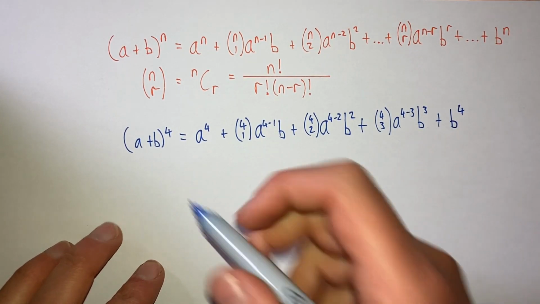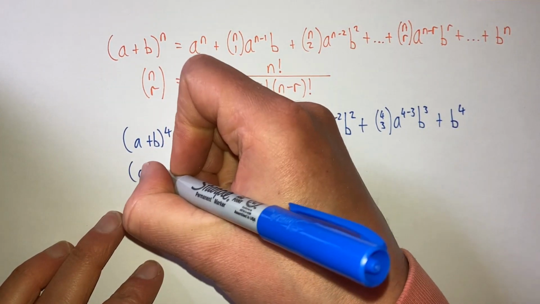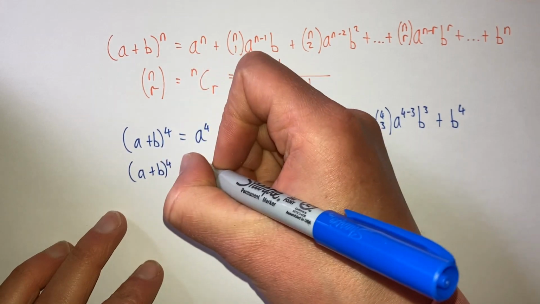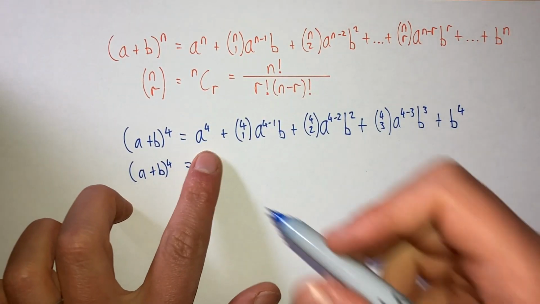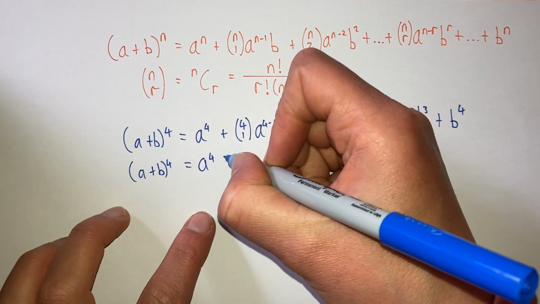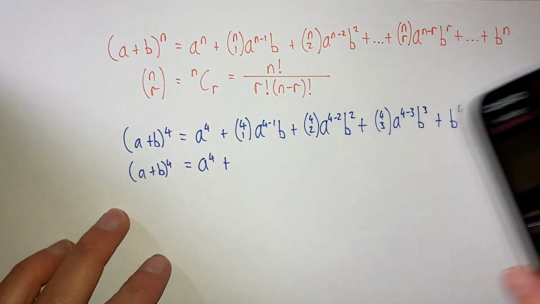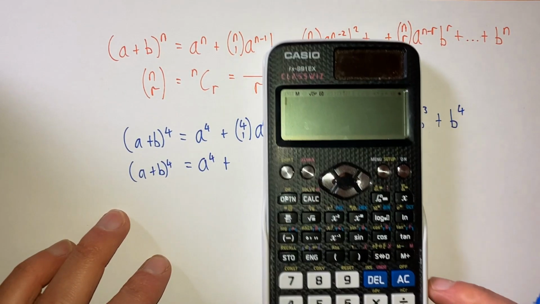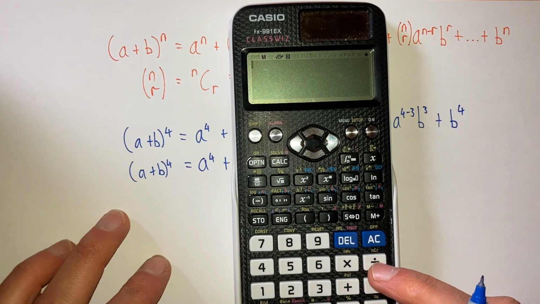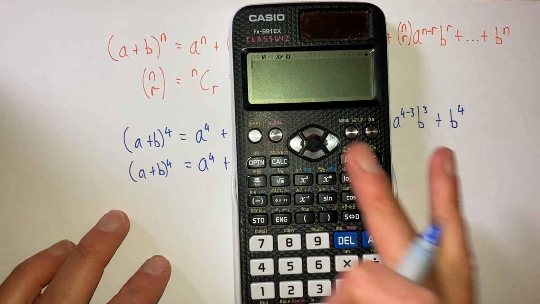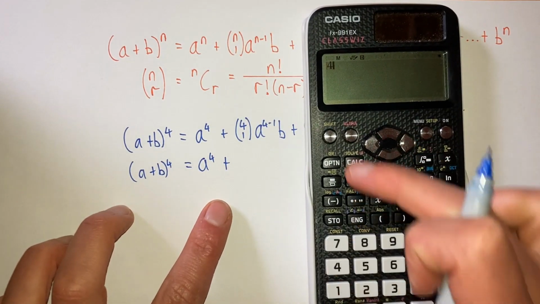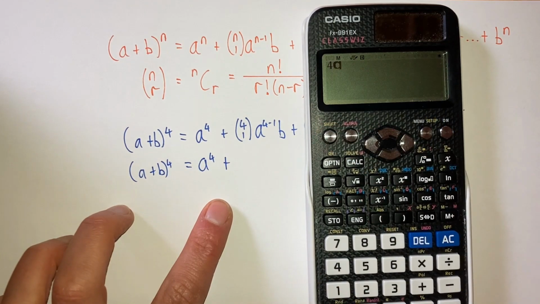Let's tidy this up a little bit. So (a plus b) to the 4 equals, this stays the same. Now using our calculator, we can work out these terms using the nCr button by using shift. So I'm going to do 4C1, which equals 4.